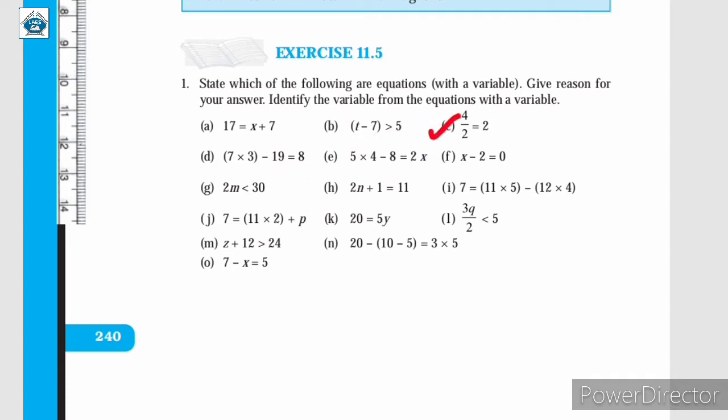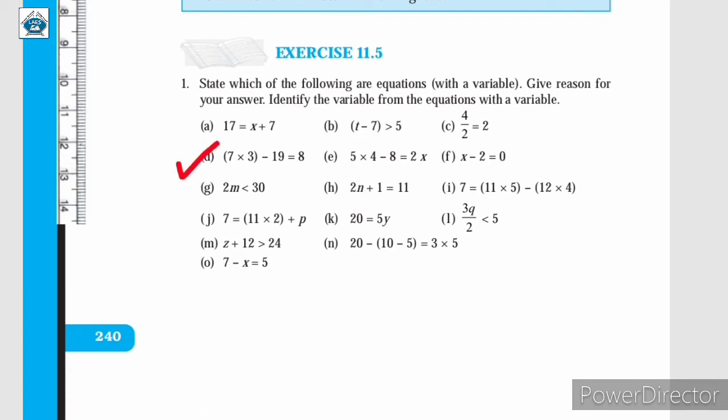Next, 4 by 2 is equal to 2. Now here there is an equality sign in this question. The equal to sign is given here, but the variable is missing. This equation does not have a variable, so it is a numerical equation. So we will just simply say that 4 divided by 2 is equal to 2 is not an equation because it does not have a variable.